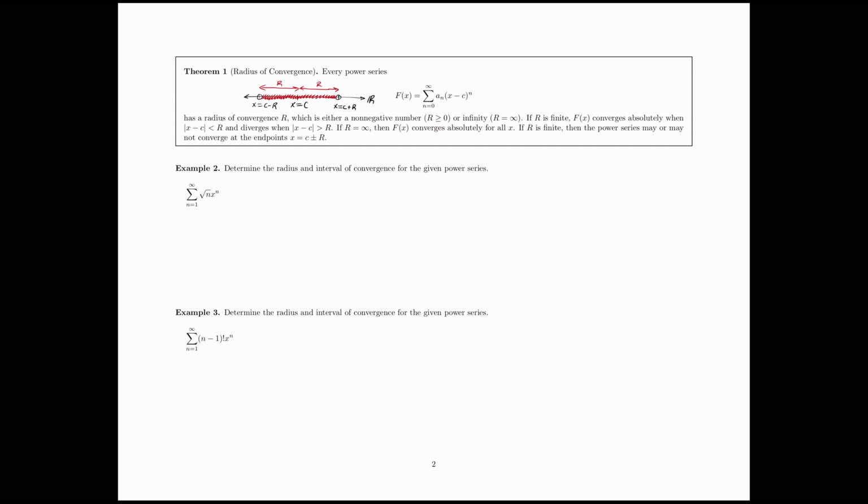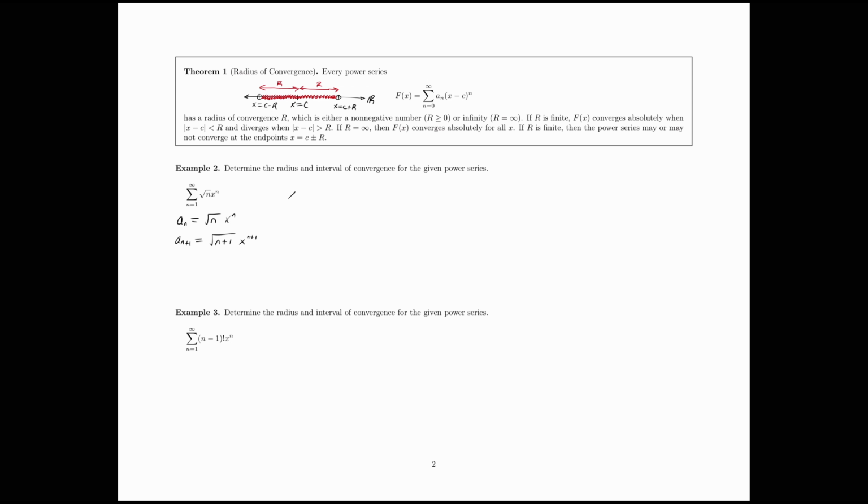So example 2. Whenever we're doing an interval or radius of convergence problem, ratio test. Pretty much ratio test. There are some examples where the root test might be better, but 9 out of 10 times the ratio test is where you want to begin. So we'll let our a sub n be square root of n times x to the n. So then a sub n plus 1 will be the root of n plus 1 times x to the n plus 1.